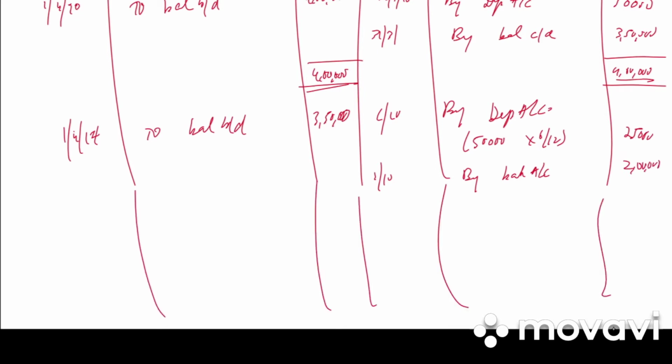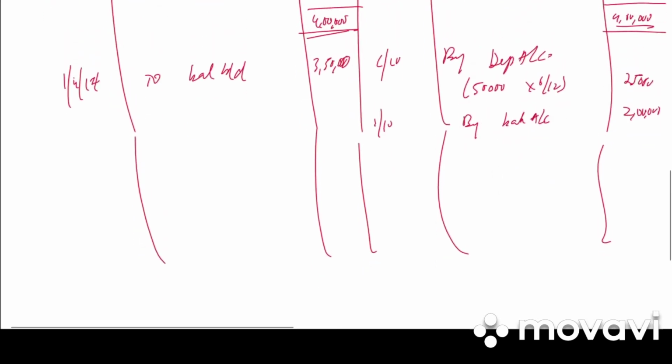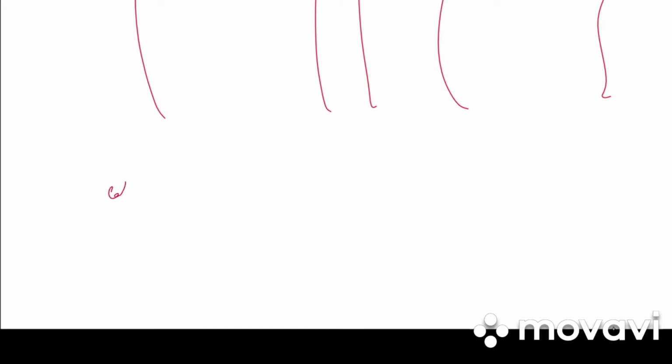So we need to calculate the profit or loss. So the purchase price of machinery was 5 lakh. Depreciation charge up to 1st October. So write down the working note, calculation on profit and loss.